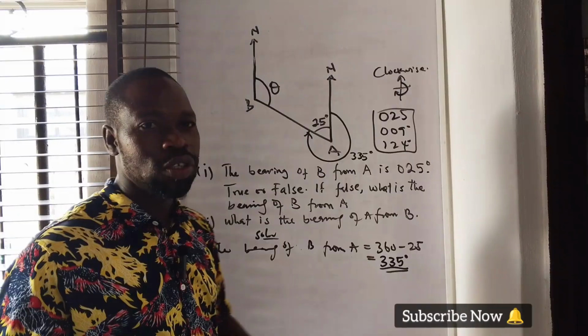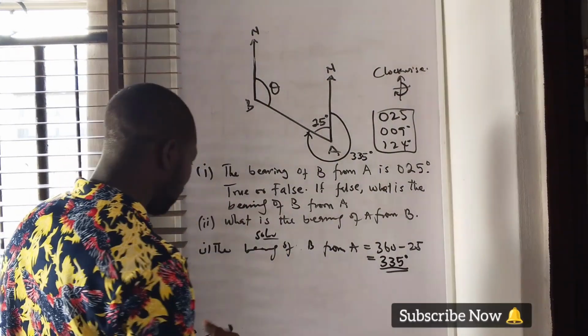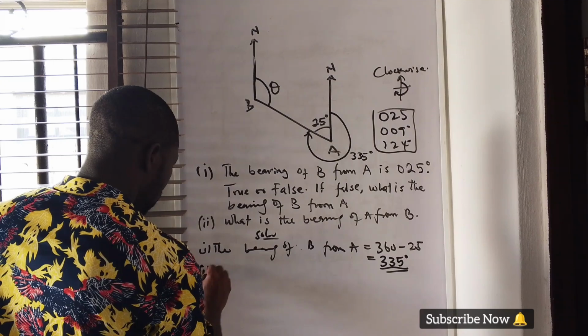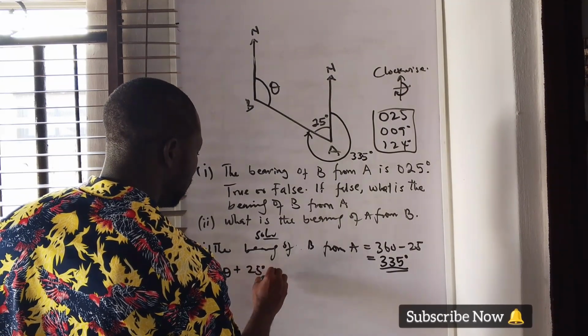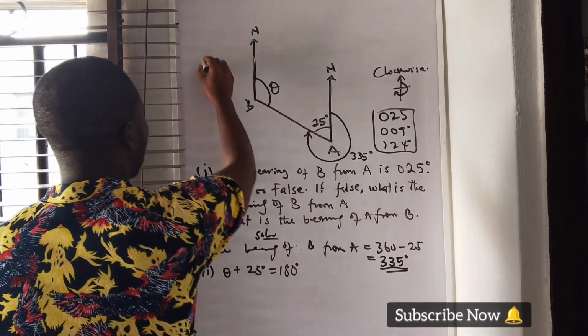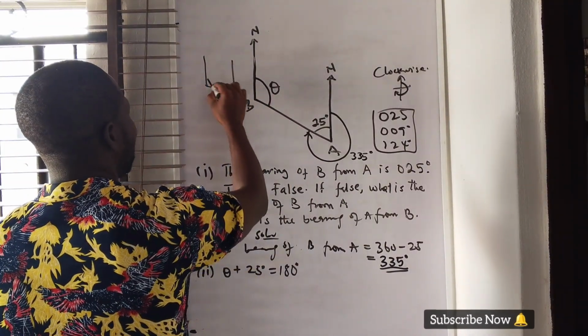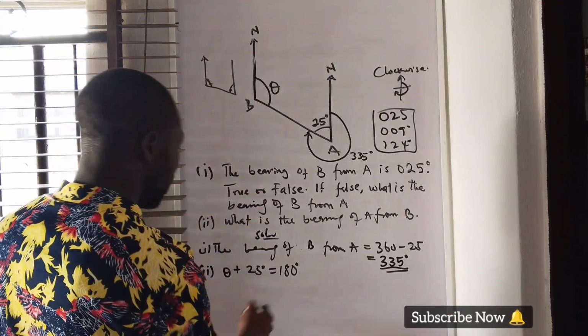Co-interior angles, like I taught on the parallel line, sum up to 180 degrees, which means theta plus 25 degrees is equal to 180 degrees. That is co-interior angle of a parallel line. All right, this angle and this angle, they are co-interior angles and they sum up to 180 degrees.